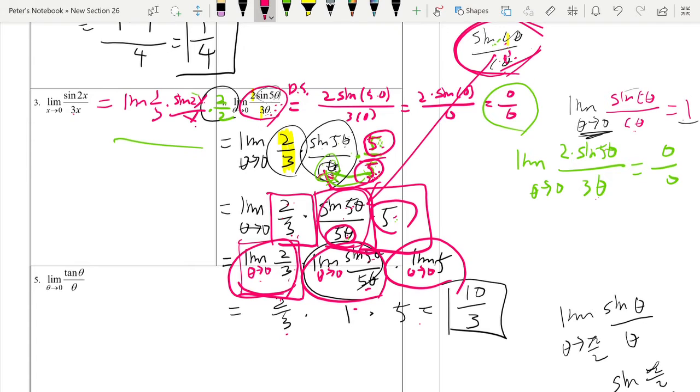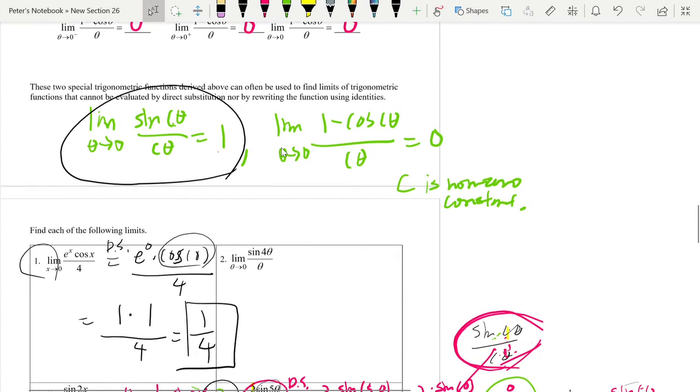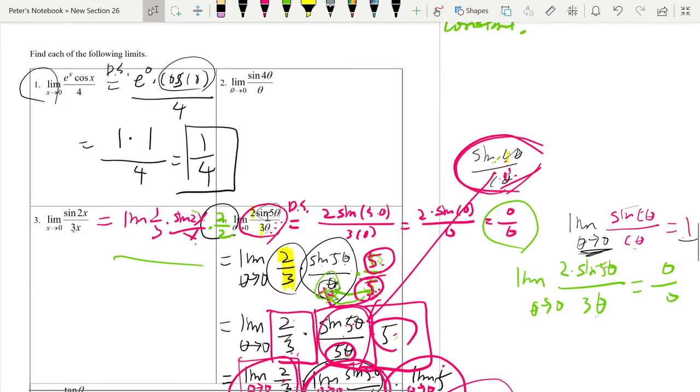I got lazy and didn't write that down. Then this one will be equal to 2 over 3. That one, using what we learned today, will always equal 1, and then that 5. So when you multiply those out, it'll be 10 over 3. Okay, let's go over the rest of the two.